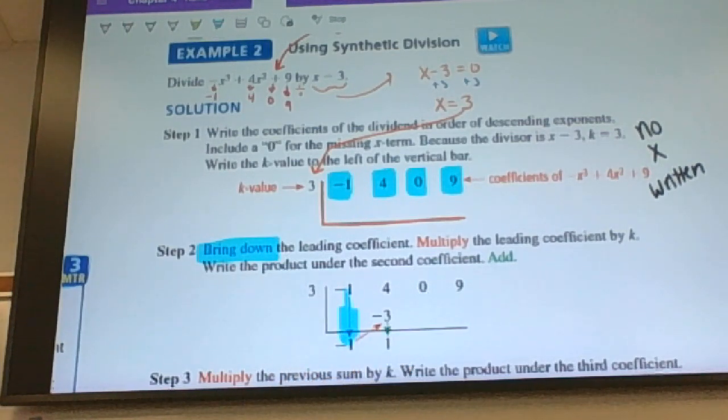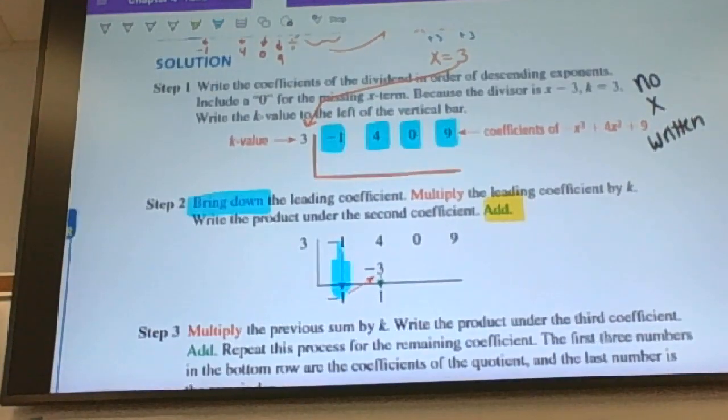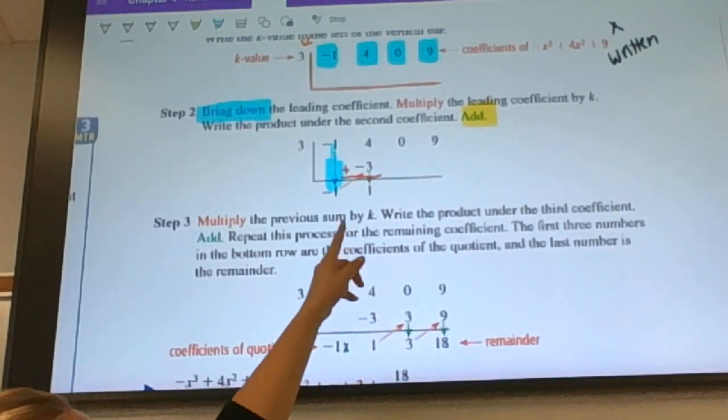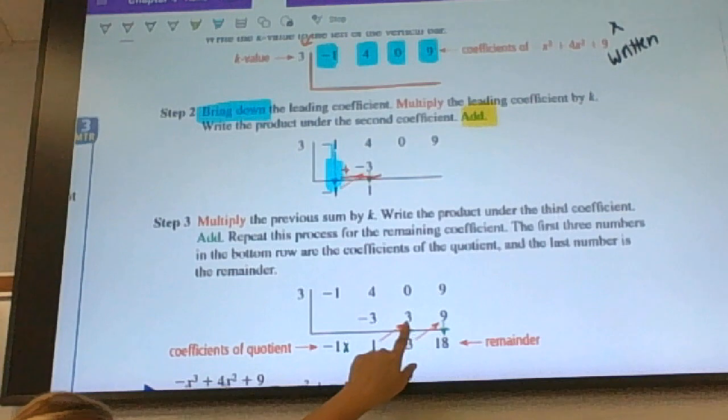They have this nicely written here in green. They say add. I show a plus sign. So I think you should write that in. We're adding down. 4 plus a -3 is 1. You multiply again. 1 times 3 is 3. Add down.